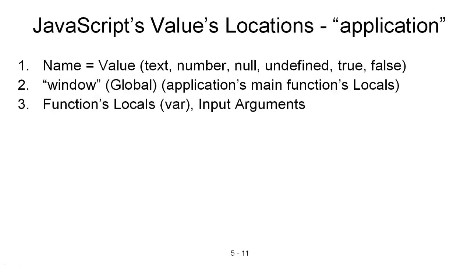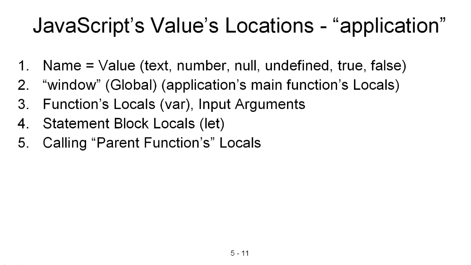And then we have functions. All the functions have local values. In JavaScript, we use the var. In all the different languages, they simply declare a variable local or global. And then we have statement blocks sometimes that these values are only valid within a block of code. And then we have the parent functions locals.